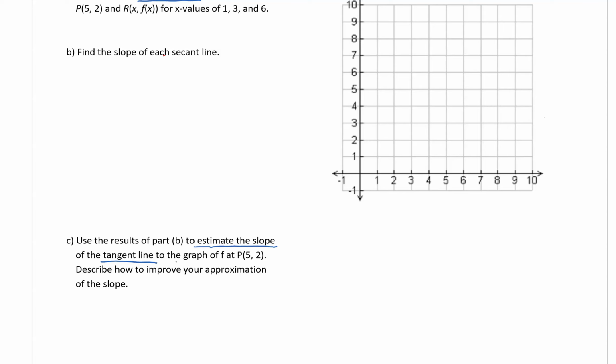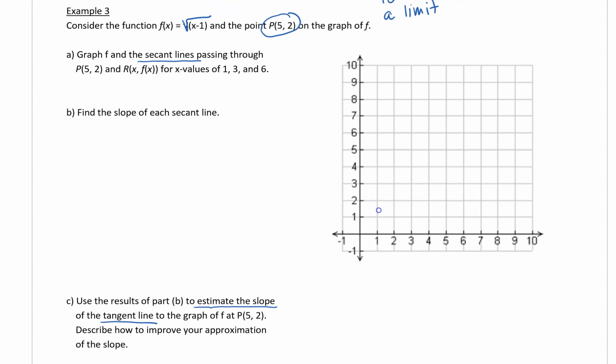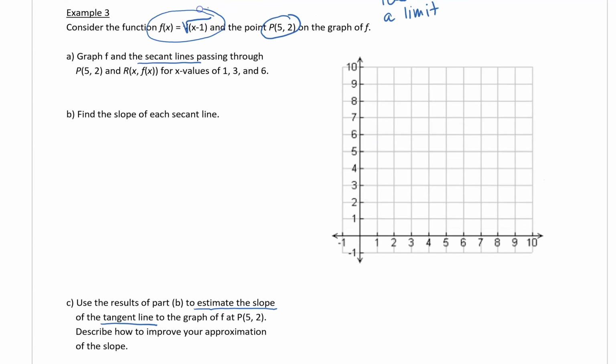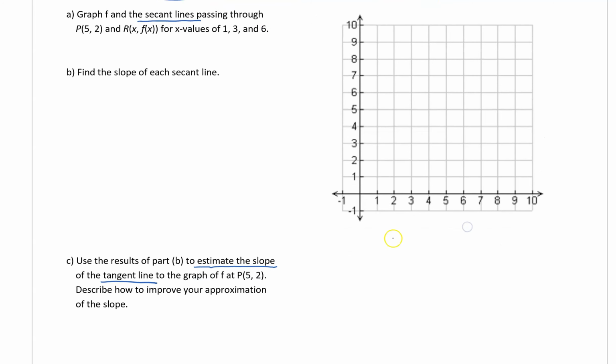So the way that we're going to do that is by first sketching the curve. So we're going to go ahead and sketch the graph of this. I'm just going to plug in a few points, and I'm going to use points that if I plug in a certain x would make it really easy for me to take the square root of x minus 1. So I think I'll start by plugging in 1 because then I'd have the square root of 0, and that's easy. I can plug in 2 because then I'd have the square root of 1, which is 1.